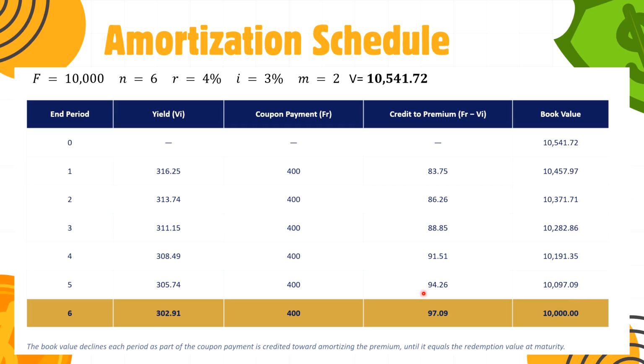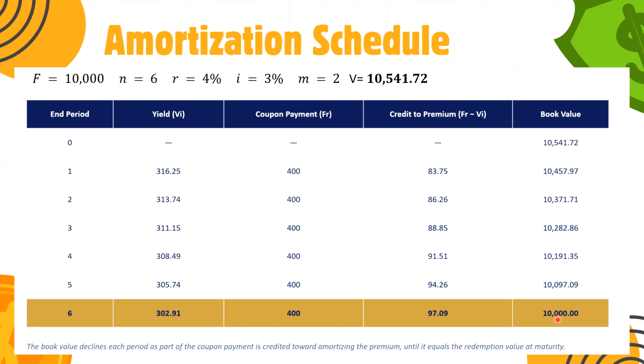And until by the sixth period, the book value lands exactly on 10,000, which is our face value. That's the premium fully amortized.